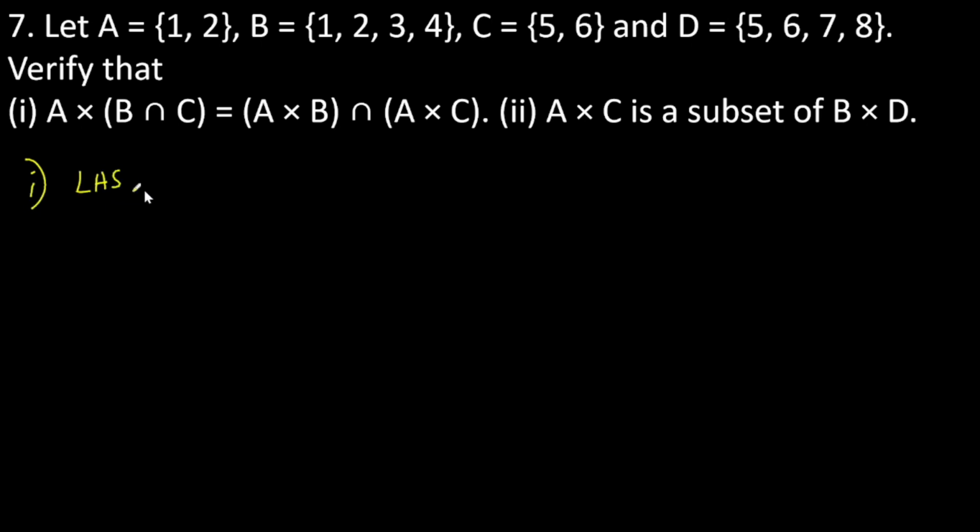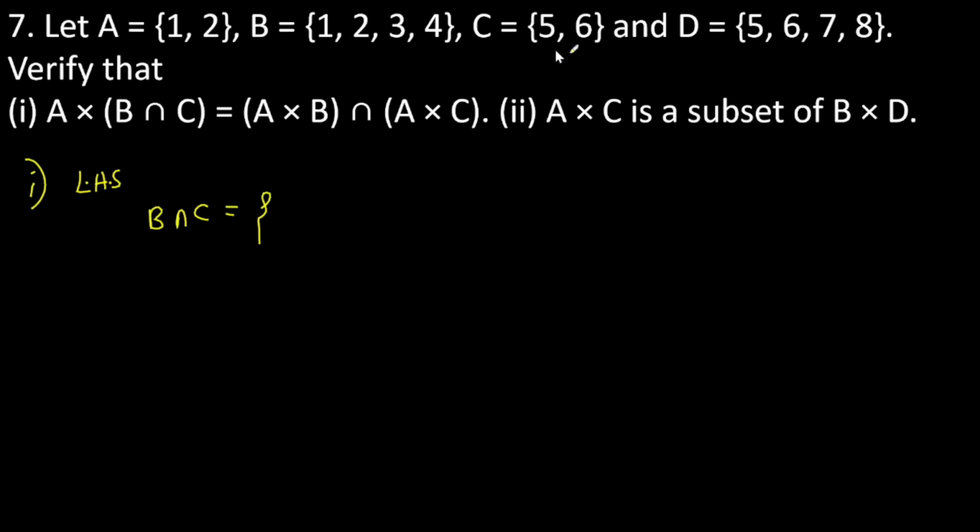When equality is given, it means you have to prove left hand side equals right hand side. First find B intersection C. So what is B intersection C here? You have to find the common elements between B and C: 1, 2, 3, 4 for B, and for C, 5, 6.